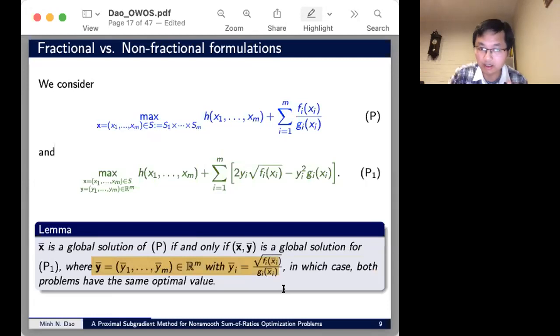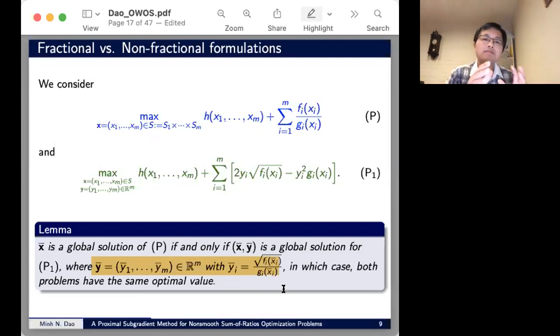Yeah, we have a closed formula for Y bar, and the reverse is also true, in which case both problems have the same optimal value.